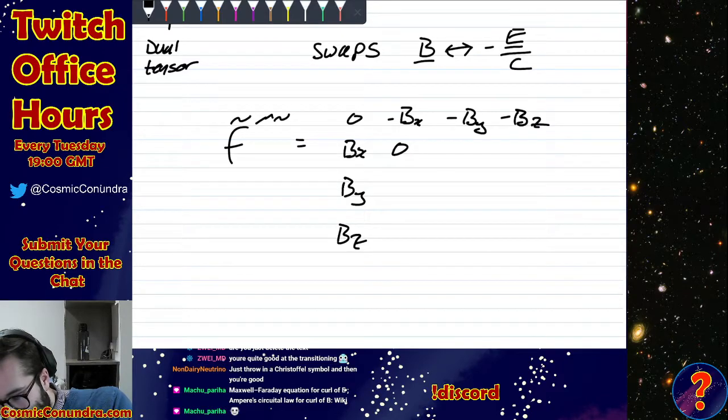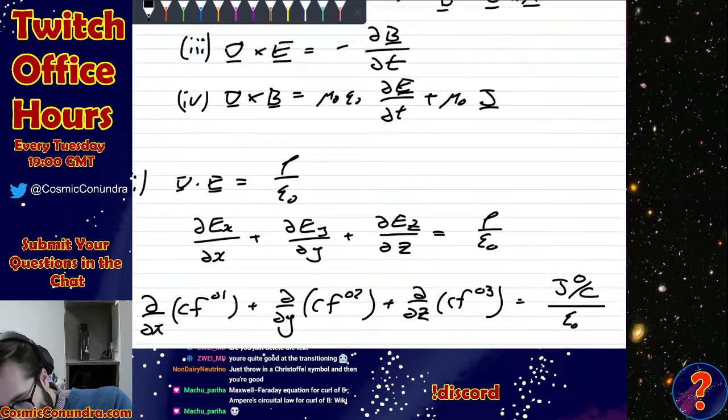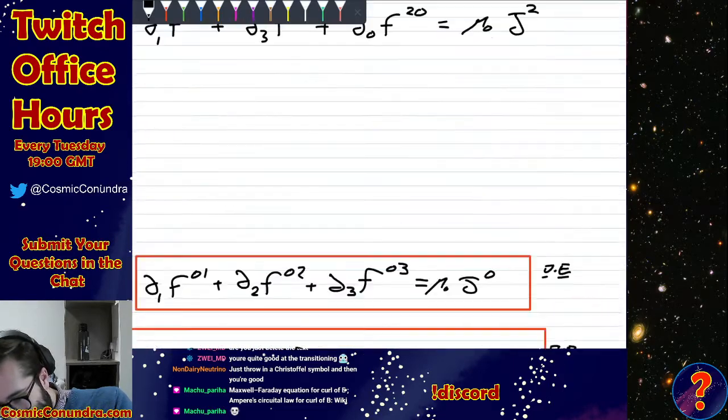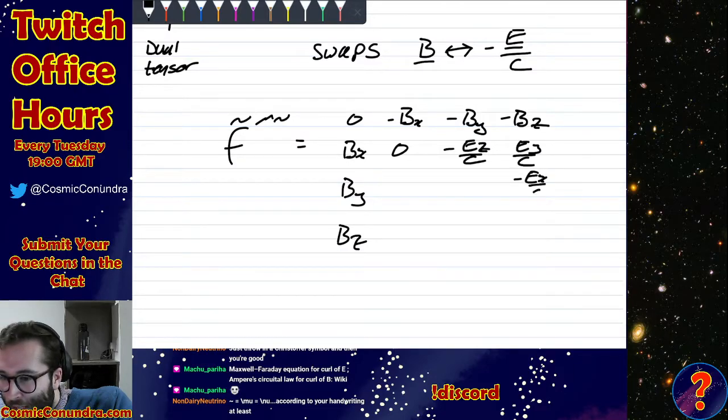0. What was that again in that second row? That was a Bz. So now that'll be minus Ez over c, Ey over c, minus Ex over c. Yeah, my mu's and nu's are pretty similar.